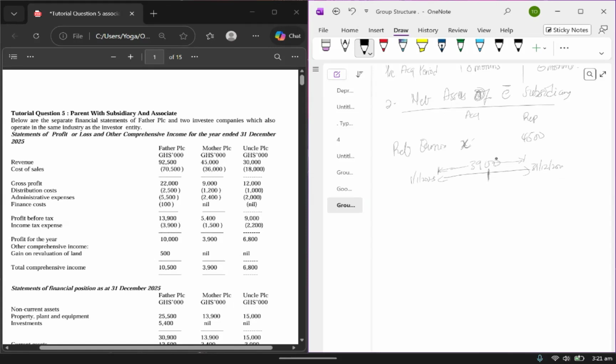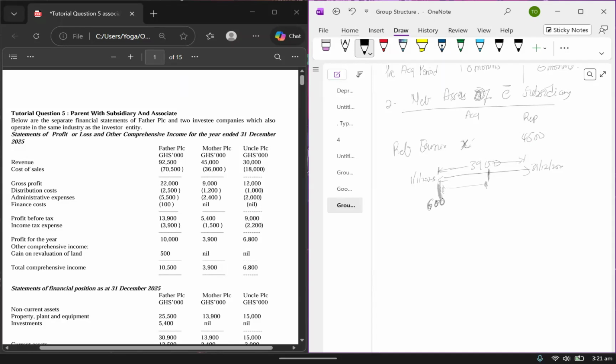3,900 for the whole year, you have to look for the portion for either this side, and then add it to the retained earnings at acquisition. How do you get retained earnings at acquisition? You subtract 3,900 from 4,500. So 4,500 minus 3,900, you get 600. So at the beginning of the accounting period, you have 600, right?